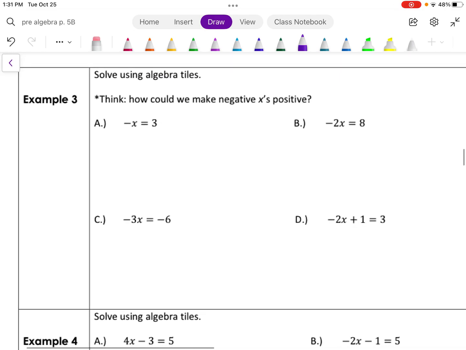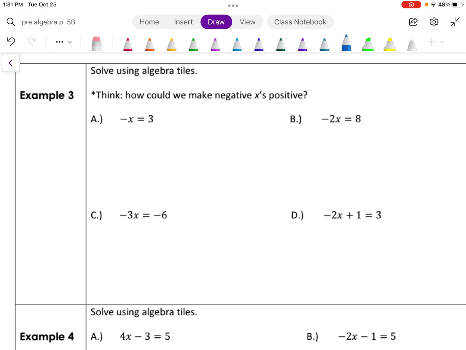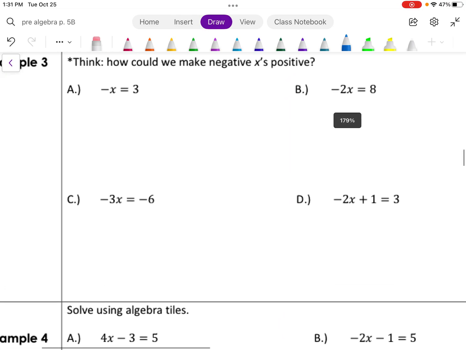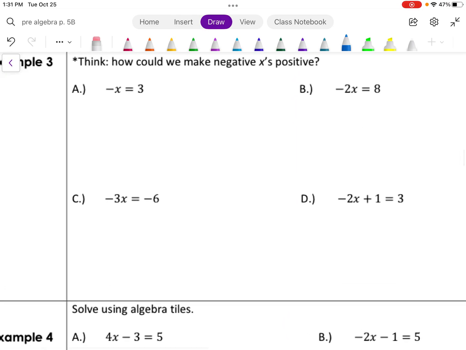Let's do a couple more of these. Again, you can either be drawing your pictures or using your algebra tiles to model these. So these ones, we have some negative x's. So we want to think, how could we make the negative x's positive? Well, if we're using our algebra tiles, if we've got a negative x and a positive 3, I could just flip my x over to make it positive.